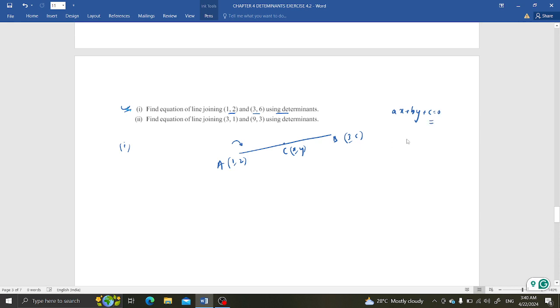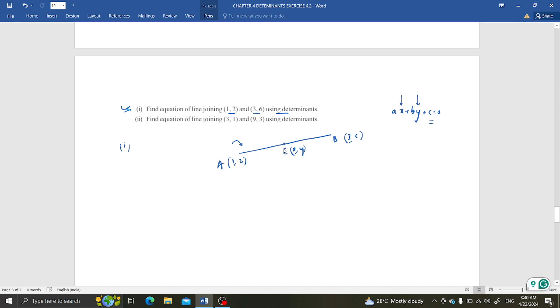In this we need to involve the x and y variables. Either you can involve t and u, or any two variables. In general we use x and y, so that's why I'm assuming the C coordinate is x comma y. And I'm taking it on this line segment because I want to find the equation of the line.